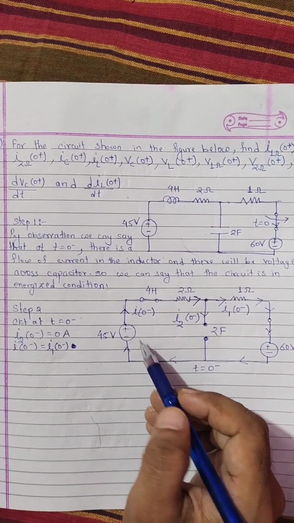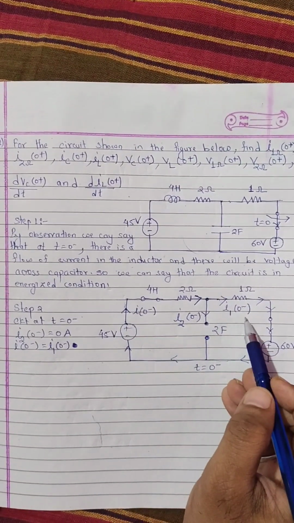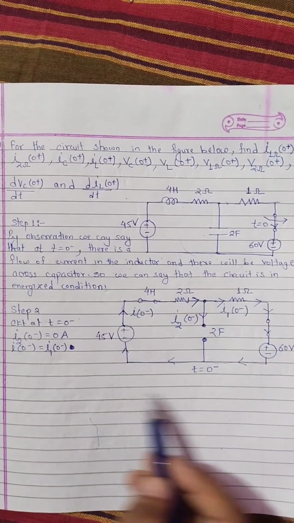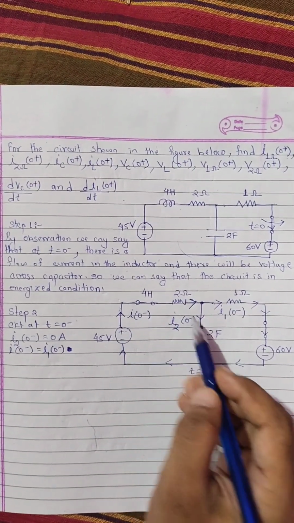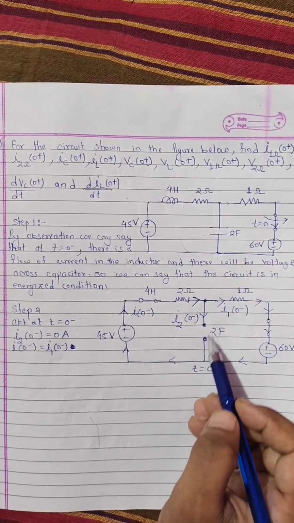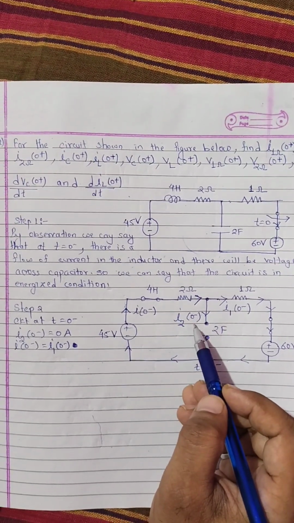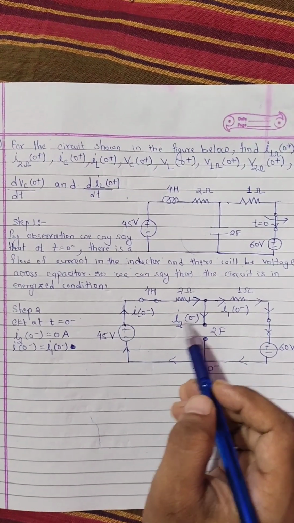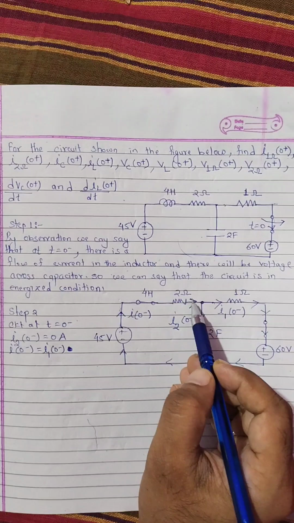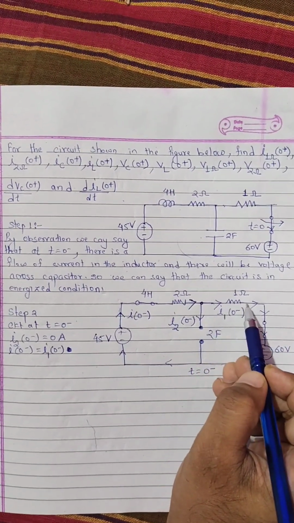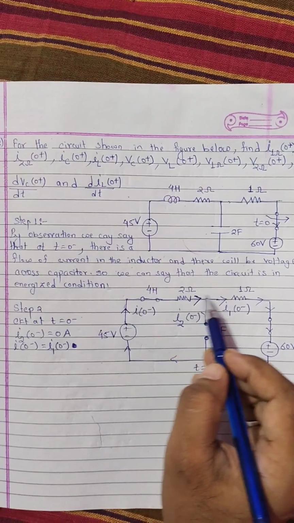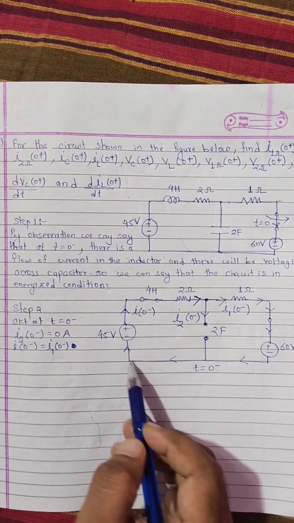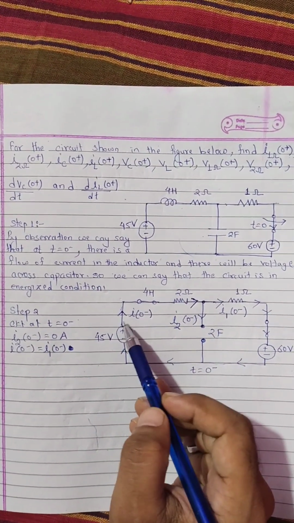Now to calculate I0 minus and I10 minus: in this branch there is a current of I0 minus, and due to the open branch, I20 minus is 0 ampere. So the total I0 minus current will flow through this 1 ohm, and return to the source.